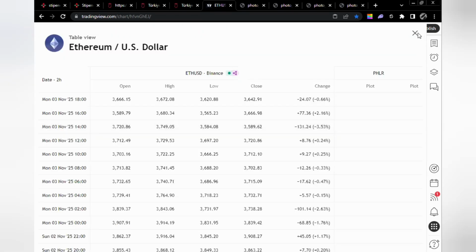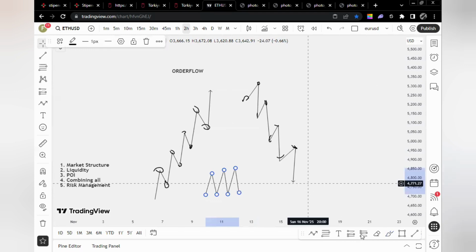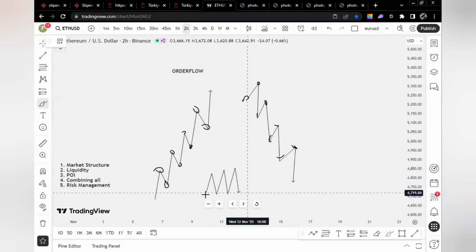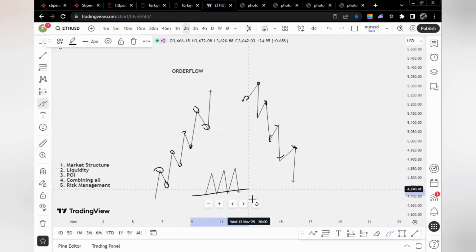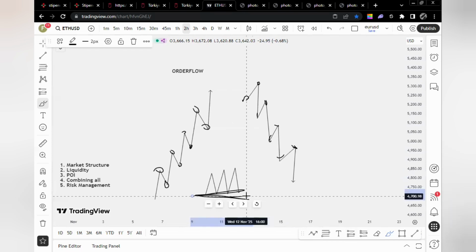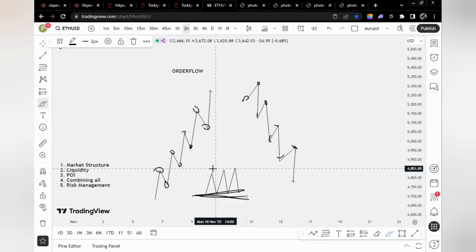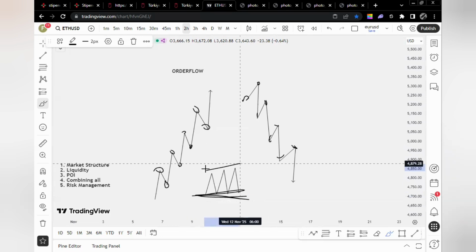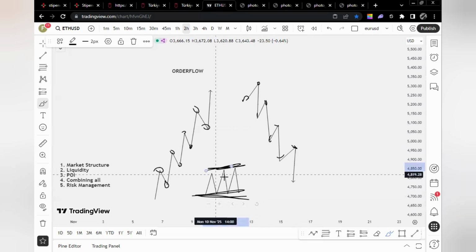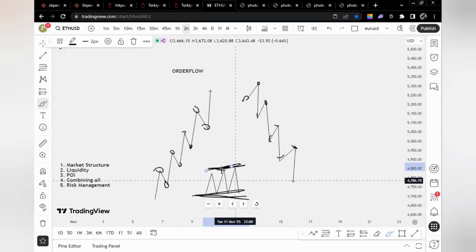And the roof of your house prevents you, no matter how tall you are, you have to succumb to it. You have to bend to it. That is a resistance. So in the consolidating market, you have a support below and a resistance above. As simple as this.